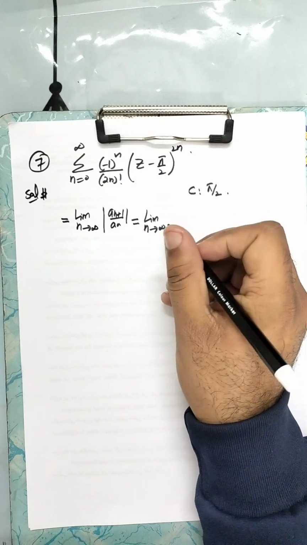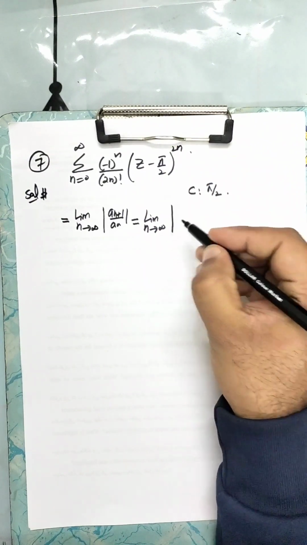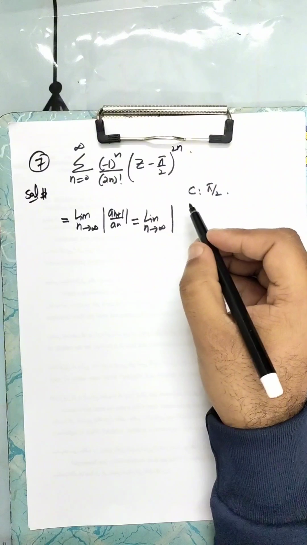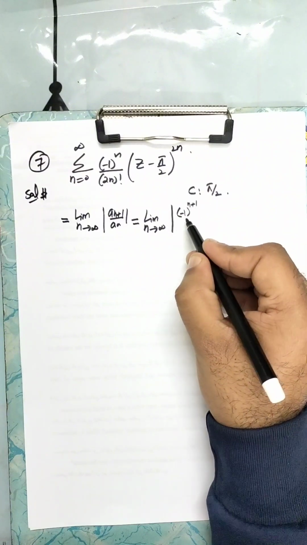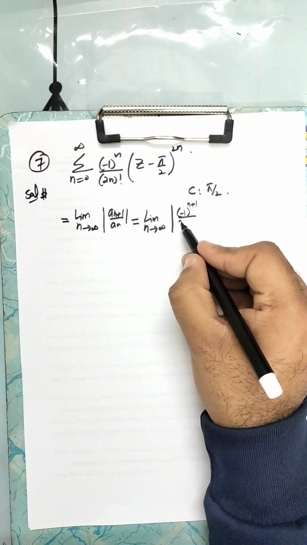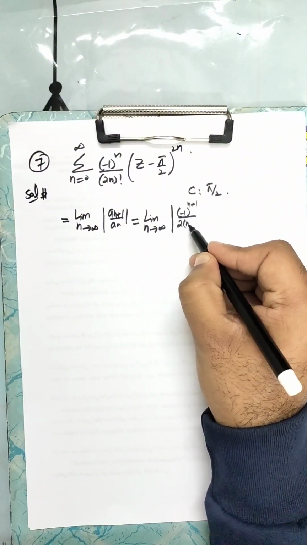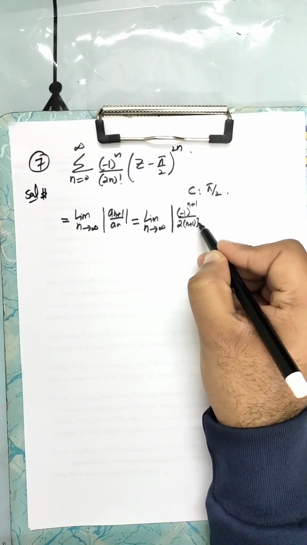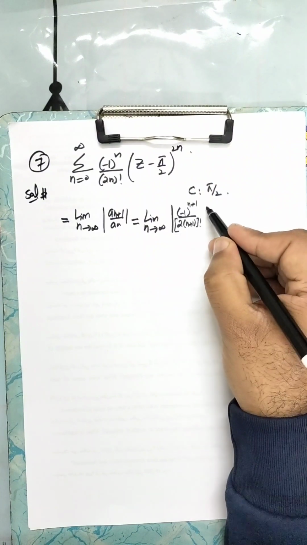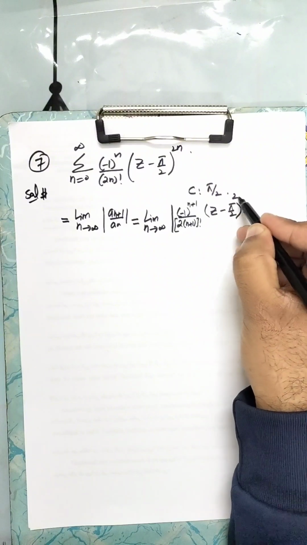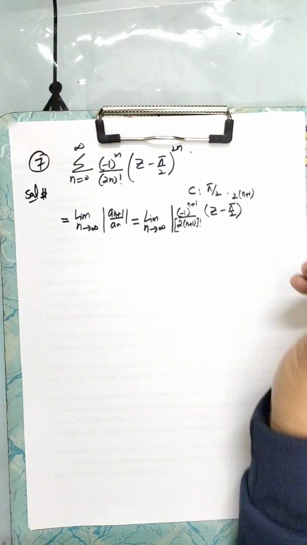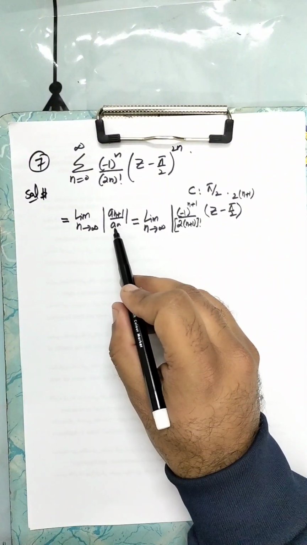Here a_(n+1) is (minus 1)^(n+1) over (2n+1) factorial times (z minus pi by 2)^(n+1).